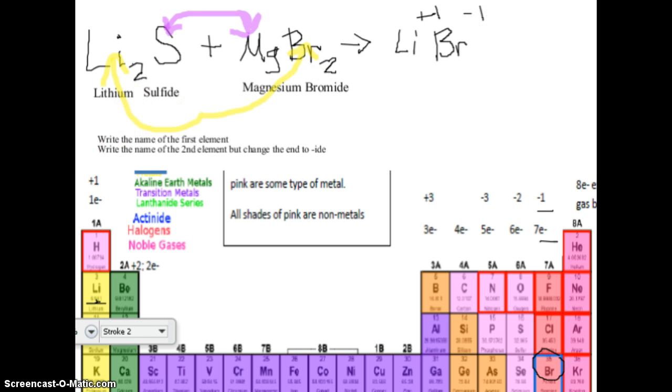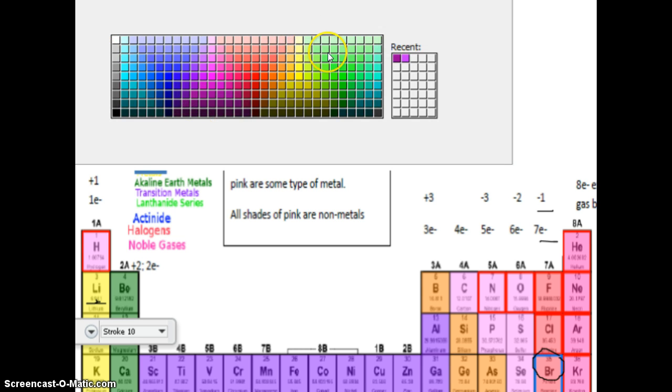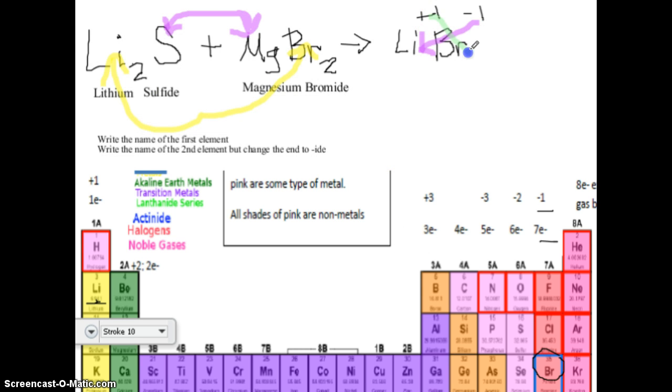And then we do what looks like cross multiplying. We put that number down there, and we put this number down here. And when we do that, what do we get? We get Li, lithium, with a little 1, and we get Br with a little 1.